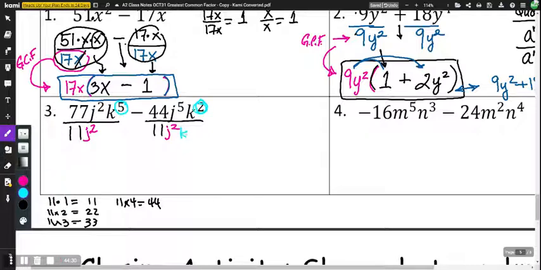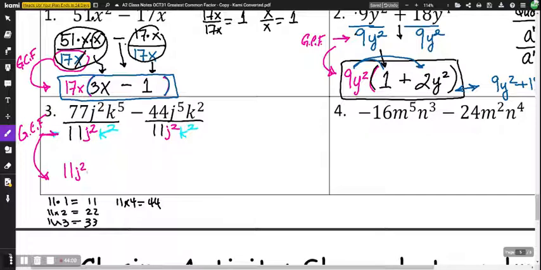So I'm going to write k to the power of 2, k to the power of 2. This means that 11j squared times k squared is my GCF.